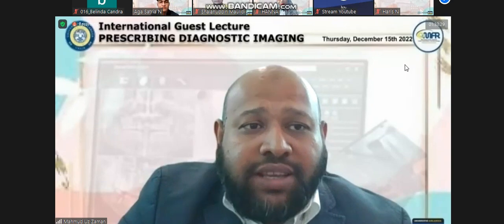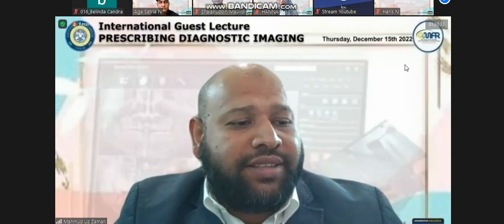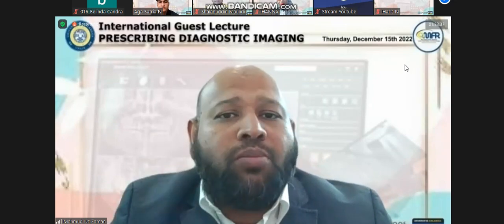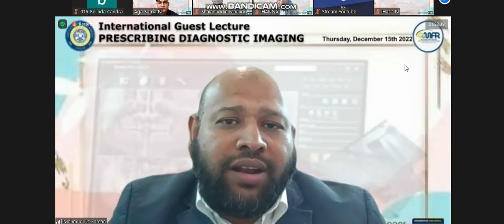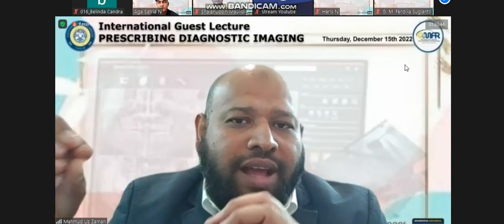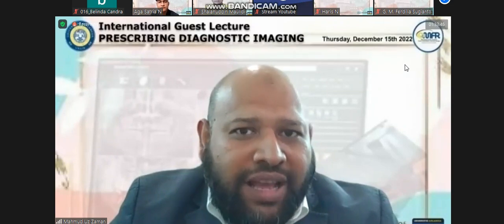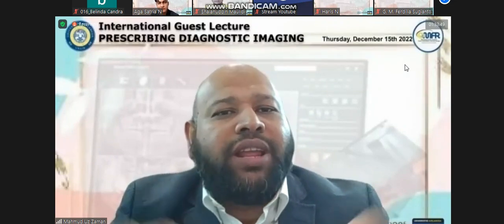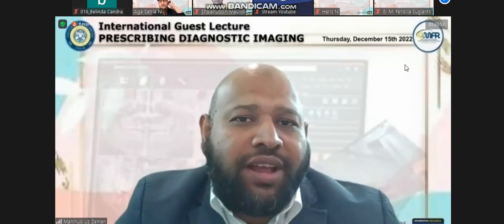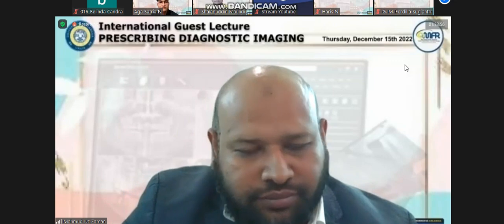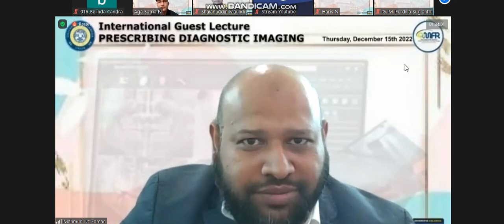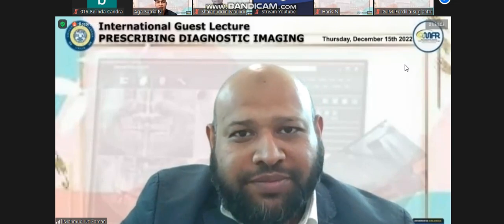In the CBCT, we have an option to take the TM joint radiograph in closed mouth and open mouth views, so that we can compare the condylar head in the closed and open mouth positions. In a panoramic radiograph, you will see only one closed mouth view, so you cannot assess any deviation or dislocation in the 2D views. So there is a limitation in the panoramic radiograph.